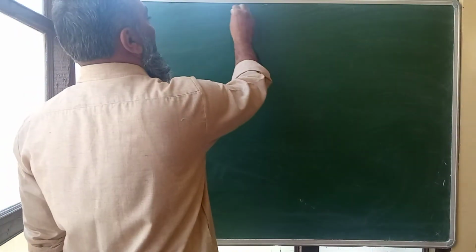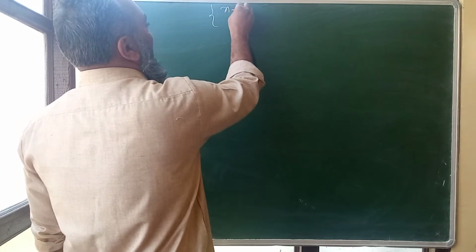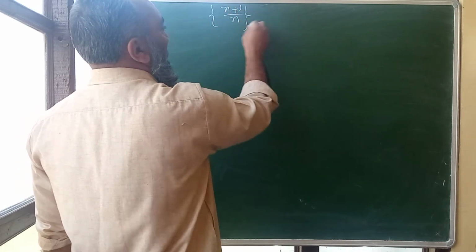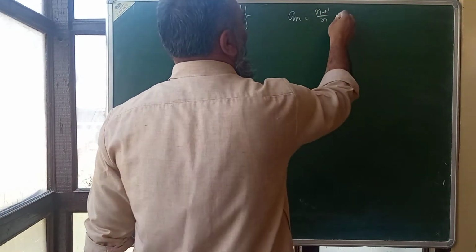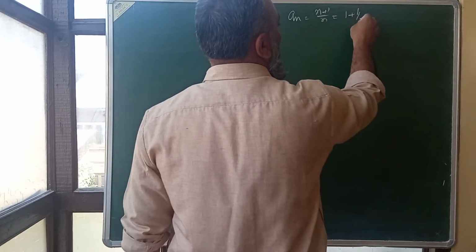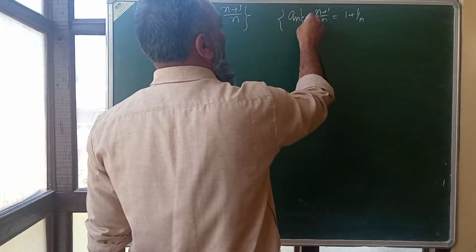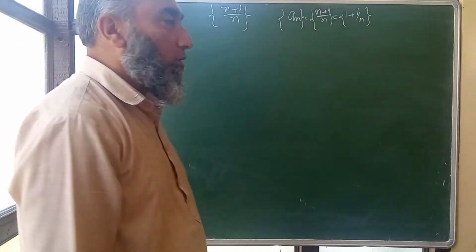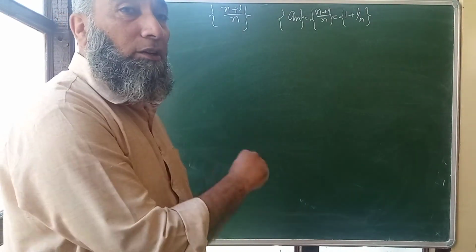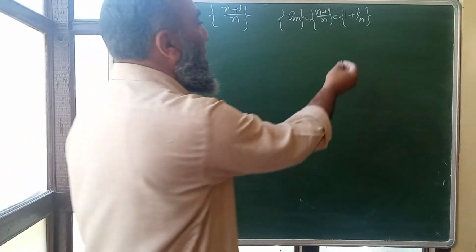Let me take up the sequence (n plus 1) by n. Your an is (n plus 1) upon n. This is nothing but 1 plus 1 by n. This is the sequence. So what are the elements of the sequence? Your domain is the set of positive integers, and what is the range?